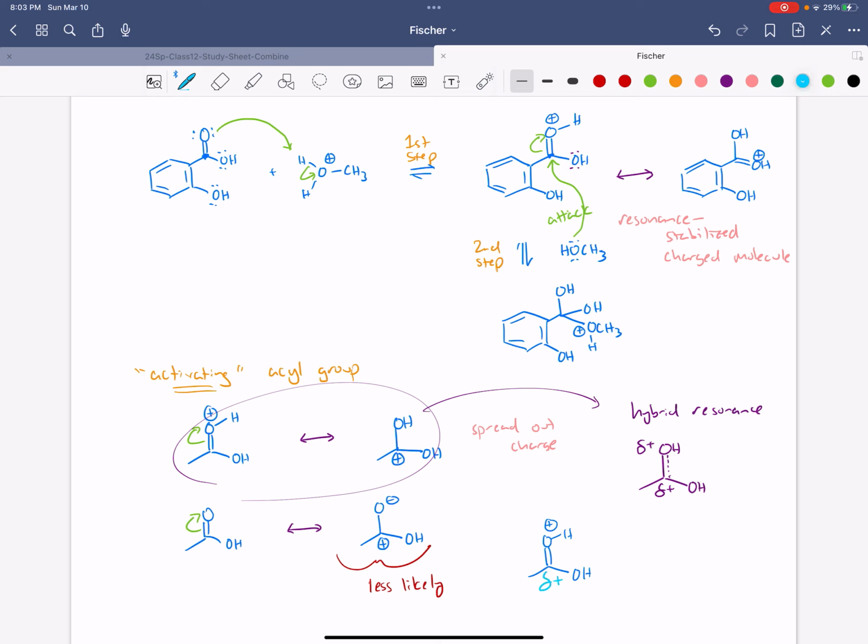You don't want to create charge from a neutral molecule in a resonance situation. And so the bottom line is mainly this part here. Based on the hybrid, that carbon has a bigger partial positive than this one.